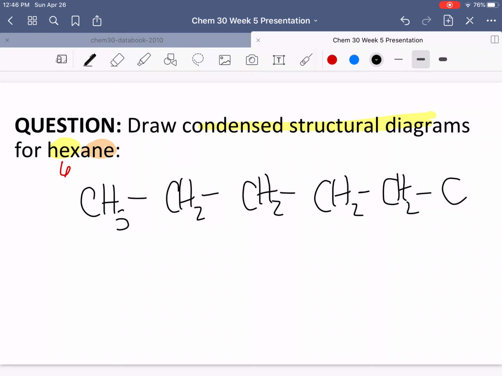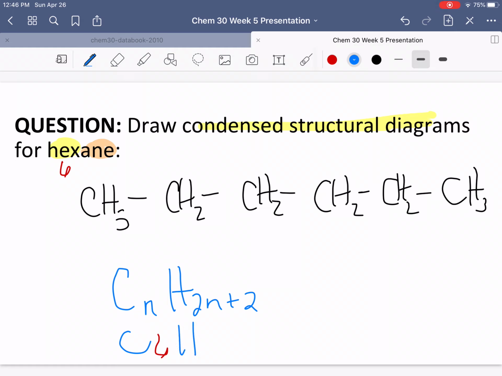How are you going to know that you did this right? Well, if you want, you can use this to help you: CnH2n+2. If carbon has 6 of them based on the hex, rather, then hydrogen is going to be 2 times 6, 12, plus 2, better be 14.